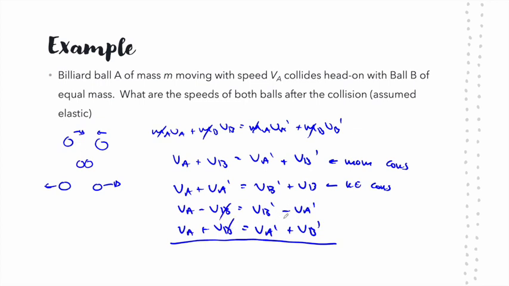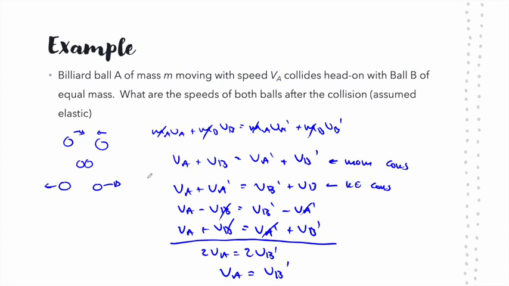and this cancels. So I end up with 2vA equal to 2vB prime, so vA is equal to vB prime. So that means that after the collision, each ball went in the opposite direction with the velocity that the previous ball had.